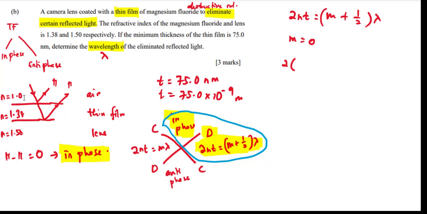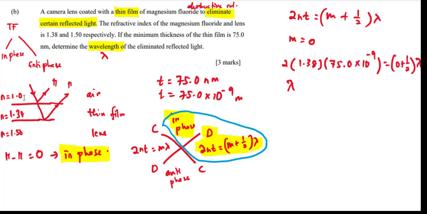So just substitute. 2 times n, for the thin film, that is 1.38. The thickness given is 75 nanometer, equals (0 plus half) lambda.